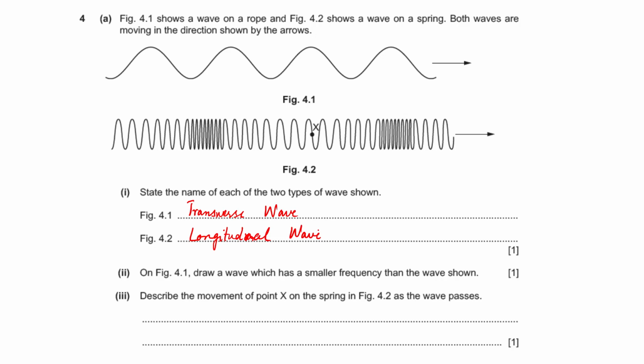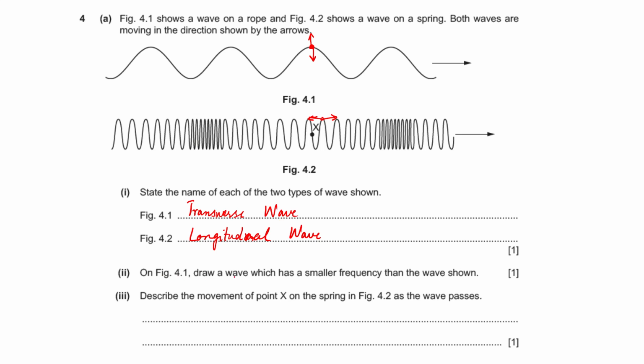Remember, in a transverse wave the particles move up and down, and in a longitudinal wave they move in this direction. So this is an easy way to see how we name each of these waves.